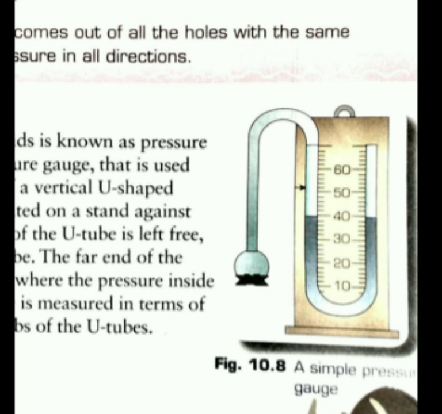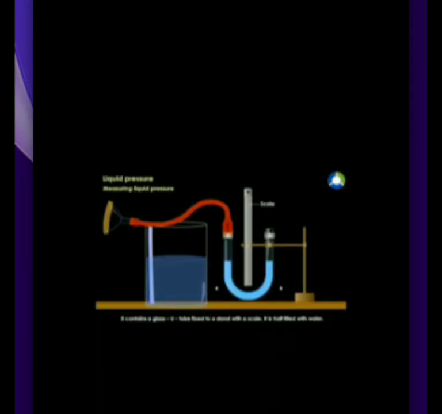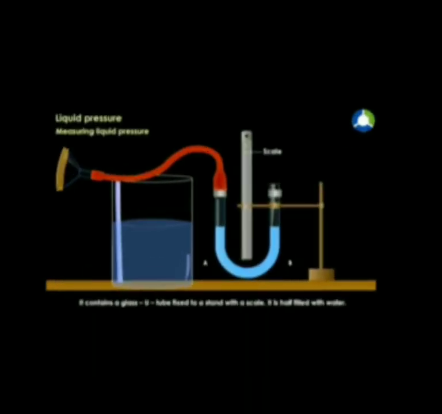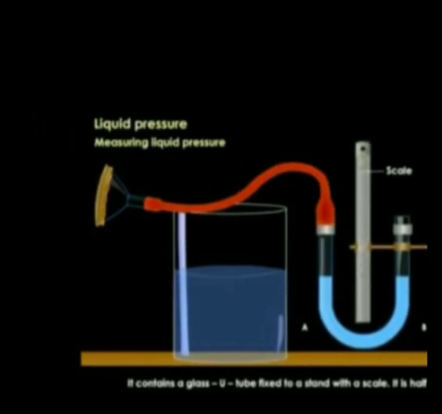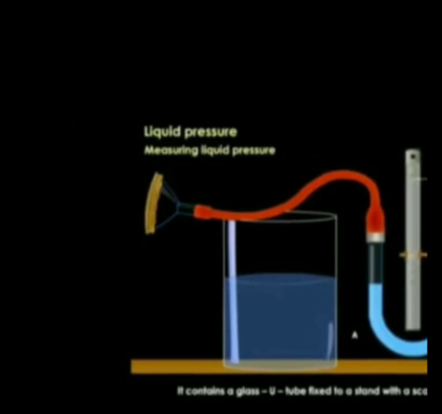I am going to show another clear diagram to improve your concept. Please see this. This is the diagram showing manometer. On the left side you can see the flexible rubber tube with a funnel. You can see this in the middle of the screen.